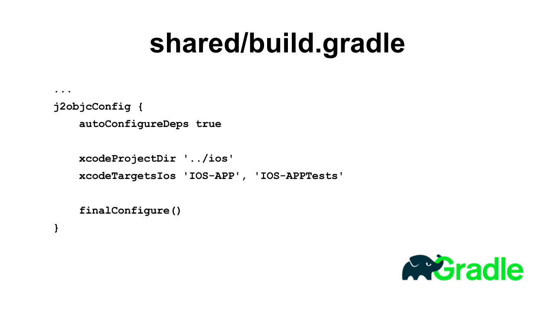The auto-configure deps is probably one of the most impressive parts of it. Since it has to actually use source code rather than class files, and many Java libraries publish source jars alongside the compiled jars, what it will do is look through your dependencies, go out and find the source jars if they exist, download them, translate them, recreate the dependency chain within Objective-C, and then compile it all together.